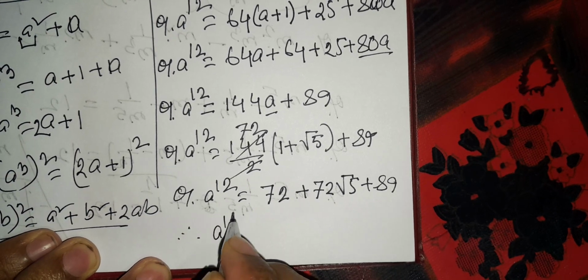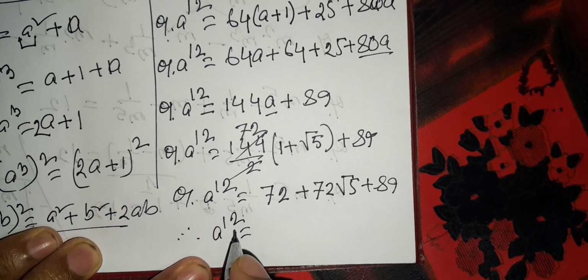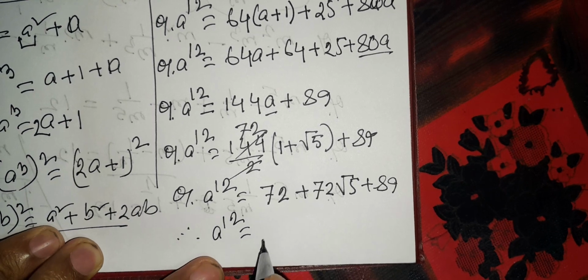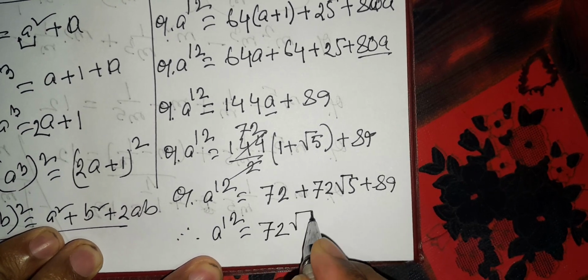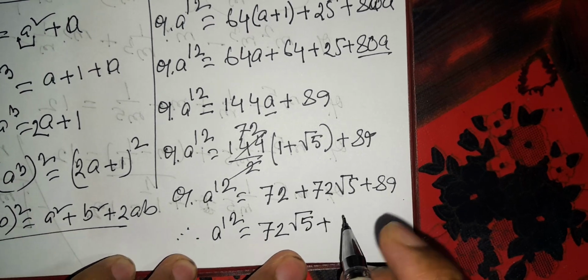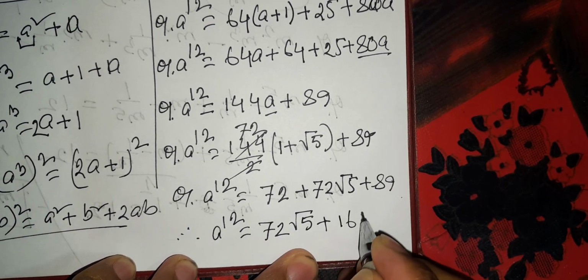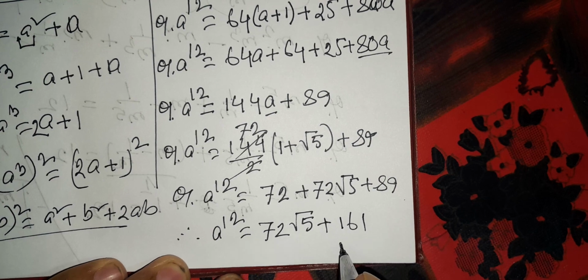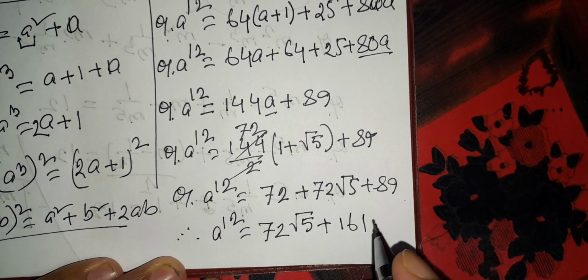So here it is 72 root 5, and by adding 72 and 89, 161 plus 72 root 5 is our answer.